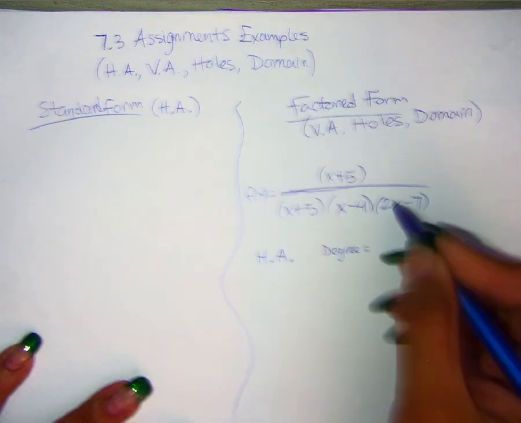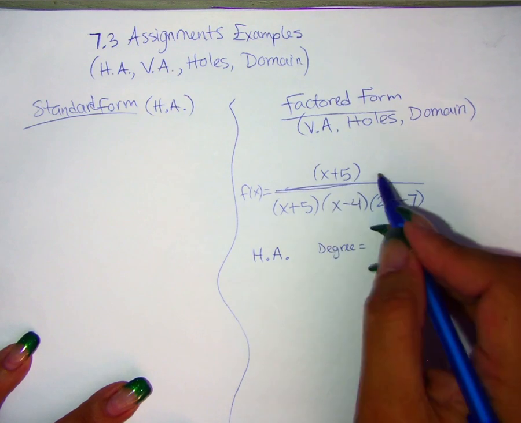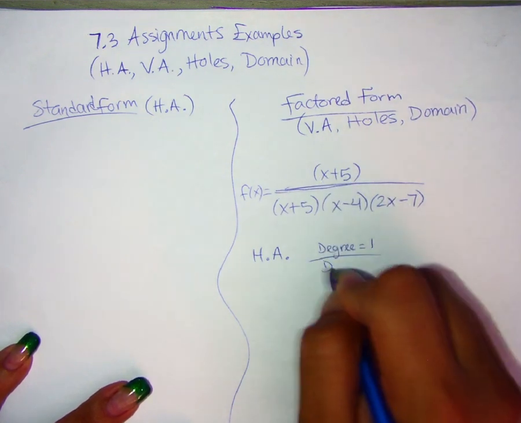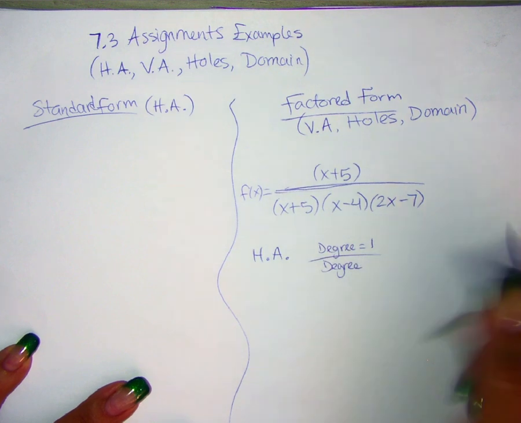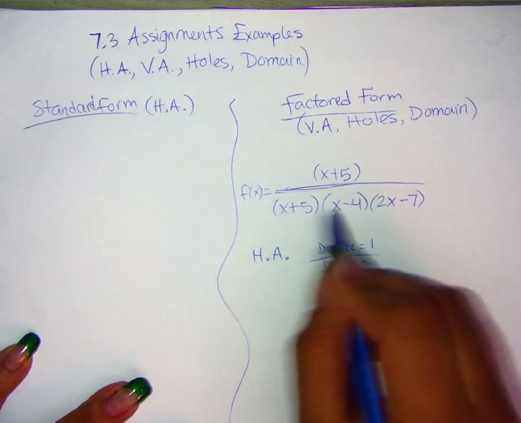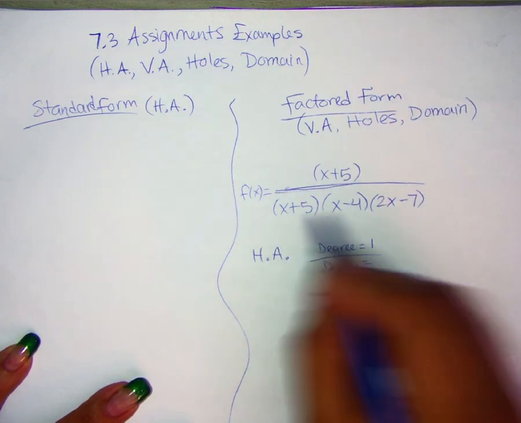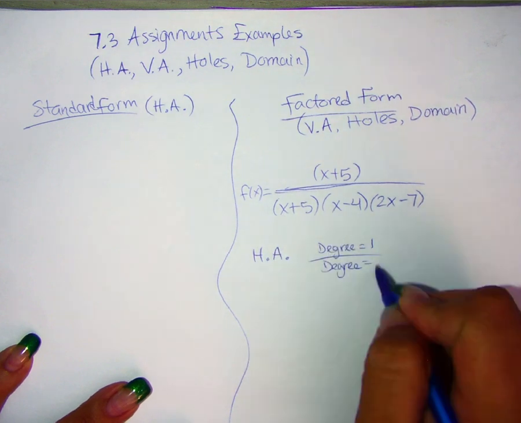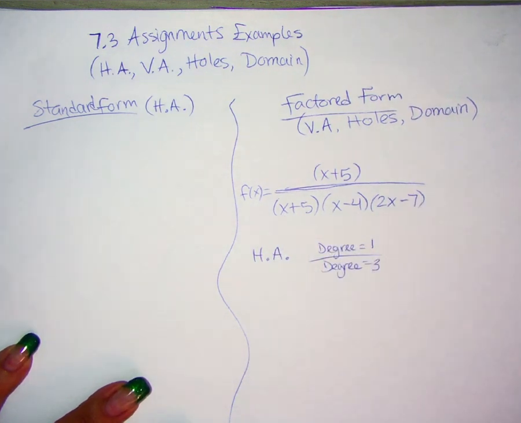Again, it's just how many x's you have on the top. Here we just have one. And then the degree of the denominator, which has these three factors multiplied times each other, so we're going to have x times x times x, which will result in x to the third power. So the degree is 3.